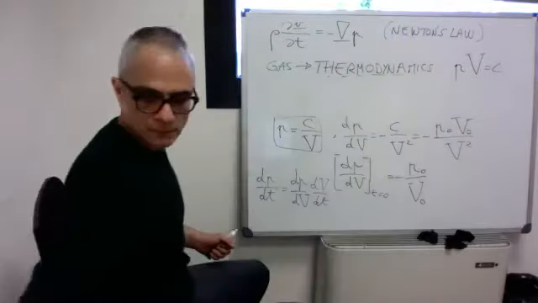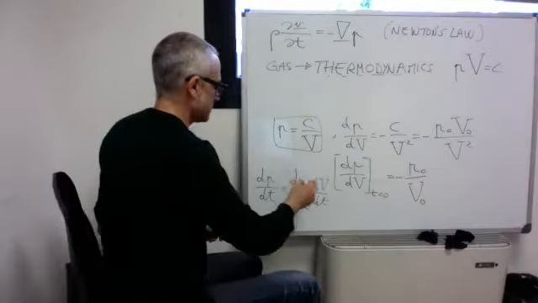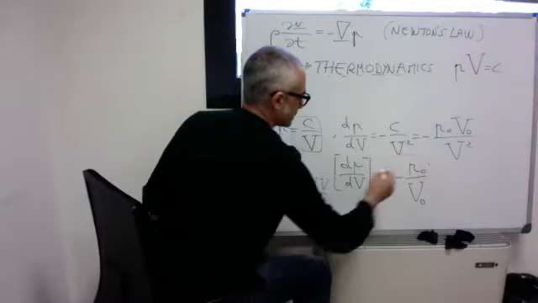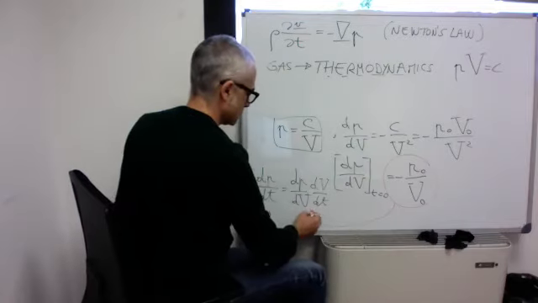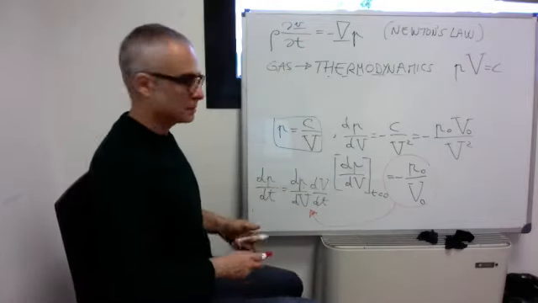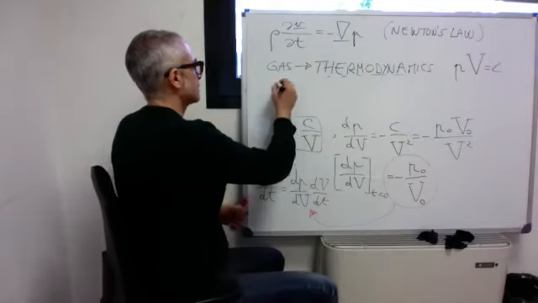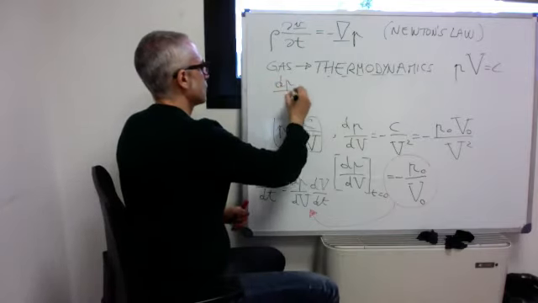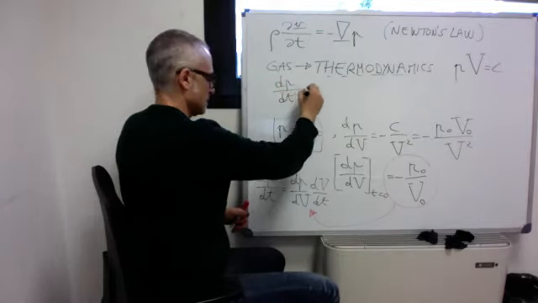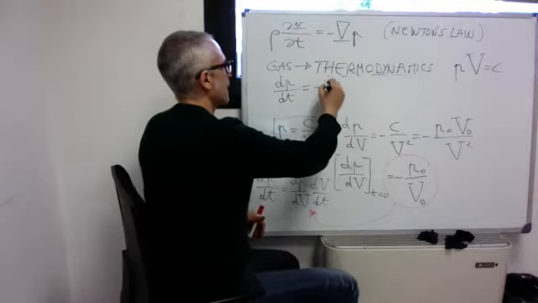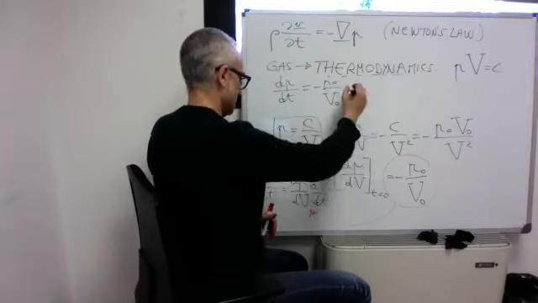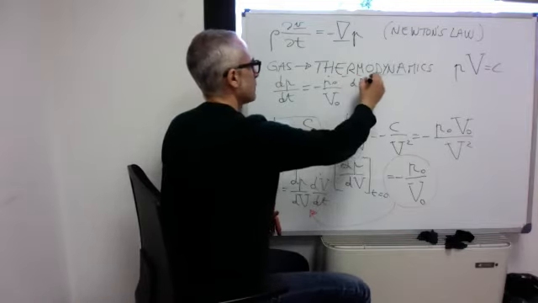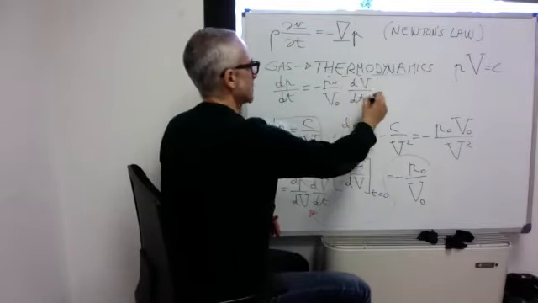If I substitute this expression for dP over dV in here, I find that dP over dt equals minus P0 over V0 times the derivative of volume with respect to time.